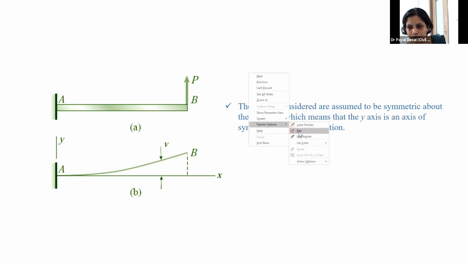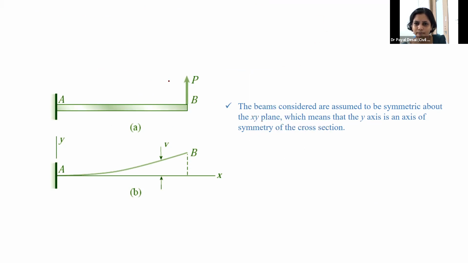Suppose I am having a beam, and this is the cross section of the beam, and the symmetry line is this y-axis, right? And the x-axis is going in the longitudinal direction. The symmetry line will define the plane of the bending, in which plane it is deforming.